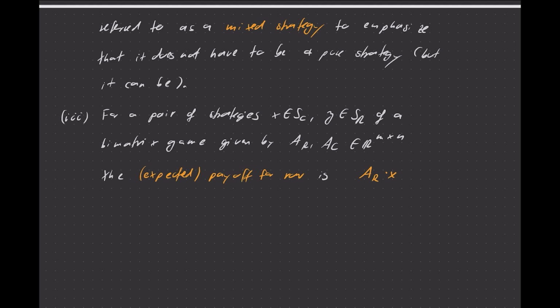And this is summed up for each row. And then we do the same for the rows. To do that, we use the operation y transposed times in front of the matrix. So this is a linear combination of the columns and then a linear combination of the rows with weights given in the vectors x and y. And of course, it's similar for the column player.